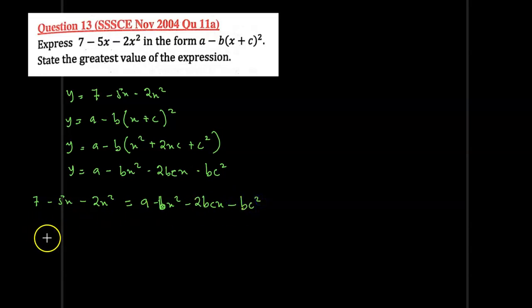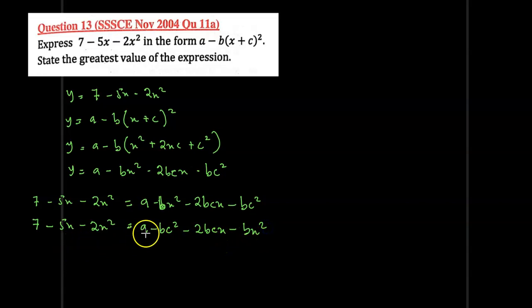So we are going to compare. But before we compare, let's regroup in such a way that it matches the left-hand side of the equation. So we have 7 minus 5x minus 2x squared. Regrouping this, it will be a minus bc squared, then minus 2bcx, then minus bx squared. This will be easier for us to compare.